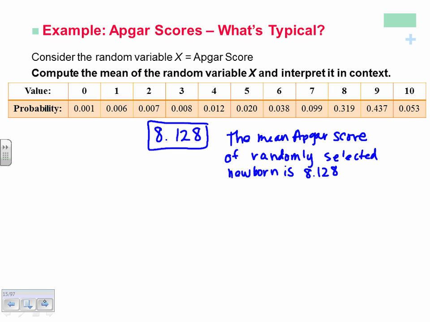So I know that the long-term average here, after lots and lots of babies have been given this score, the typical score here, is 8.128.